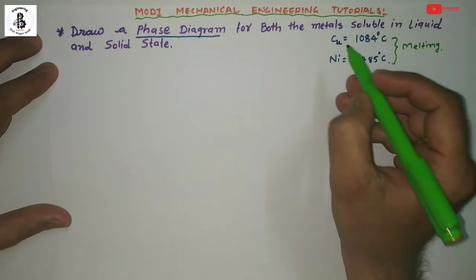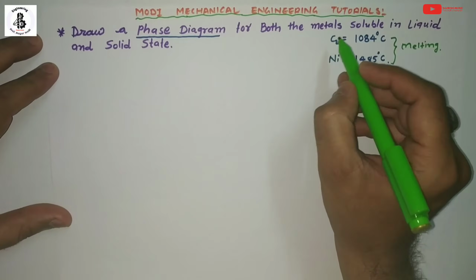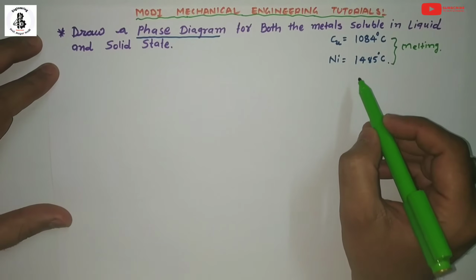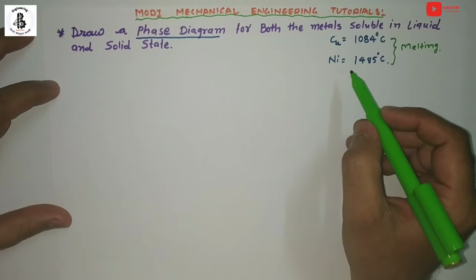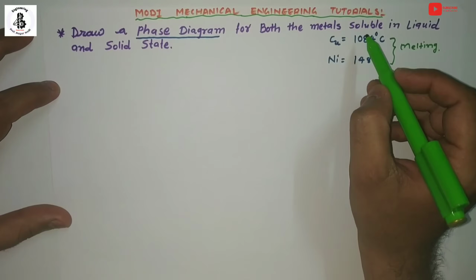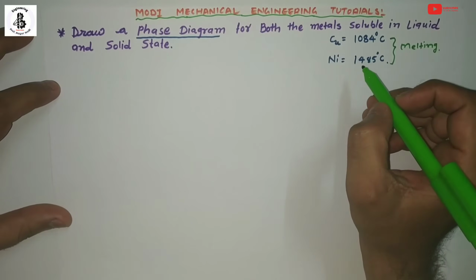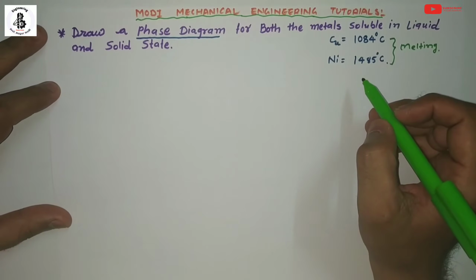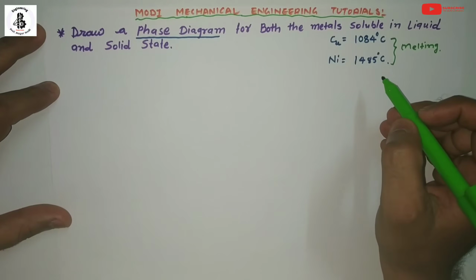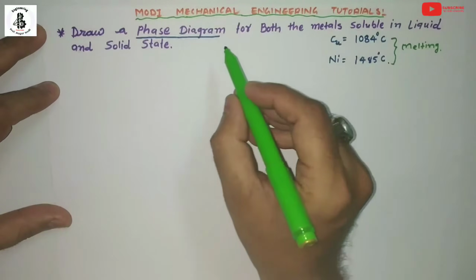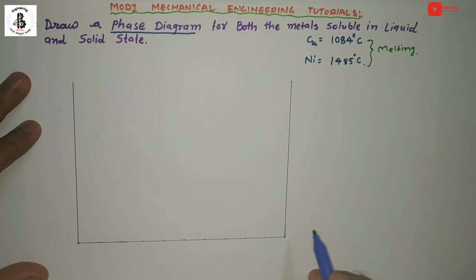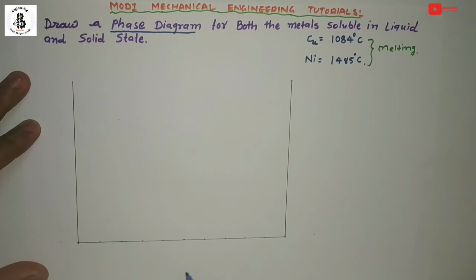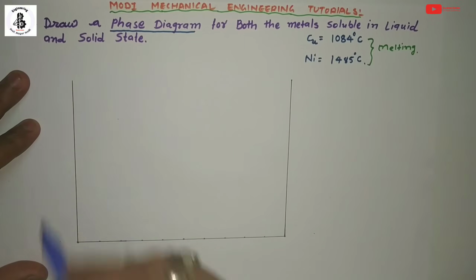Now these two metals are considered as binary metal alloys, and they act in such a situation that they are soluble in liquid and solid state. So let's start drawing the phase diagram for the copper nickel system. For a phase diagram, first of all make an x-axis and y-axis.